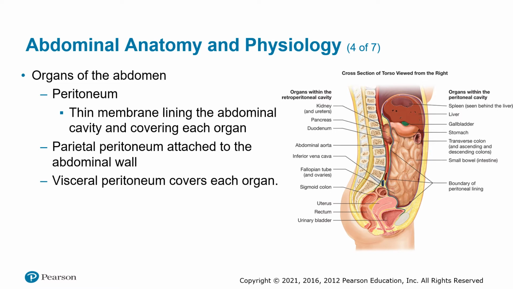So you have a parietal peritoneum and a visceral peritoneum. The parietal is the abdominal wall. It encompasses all of the organs inside the abdomen. And then the visceral peritoneum covers each organ, kind of like the meninges in the brain. Each one of those has layers.